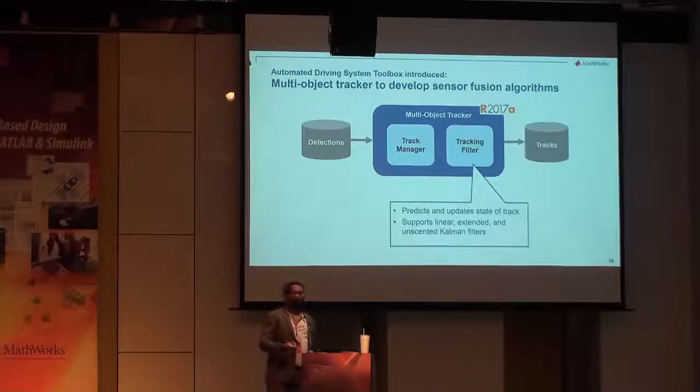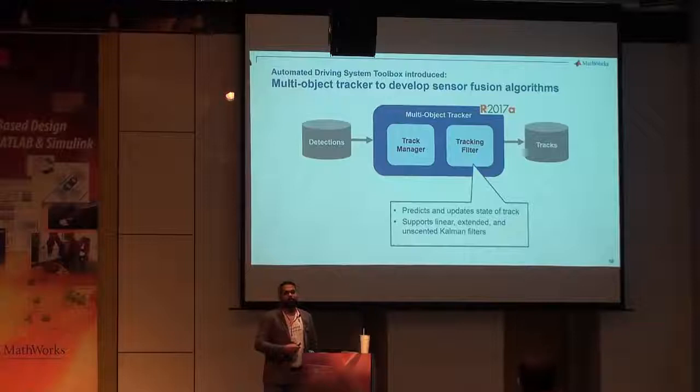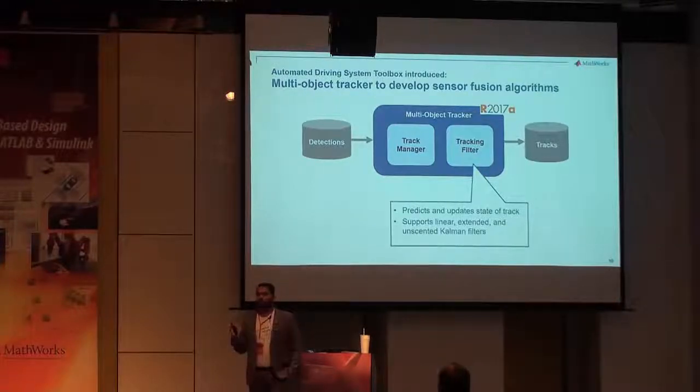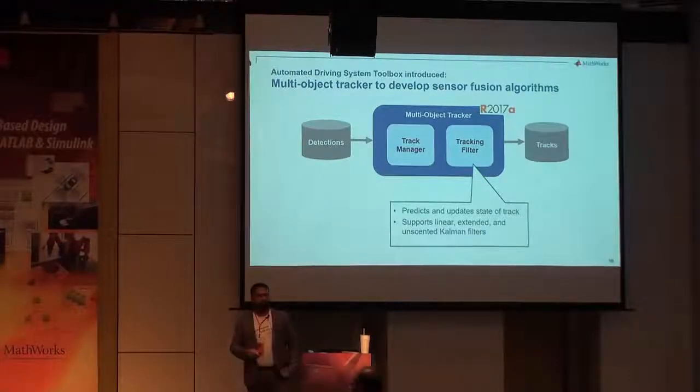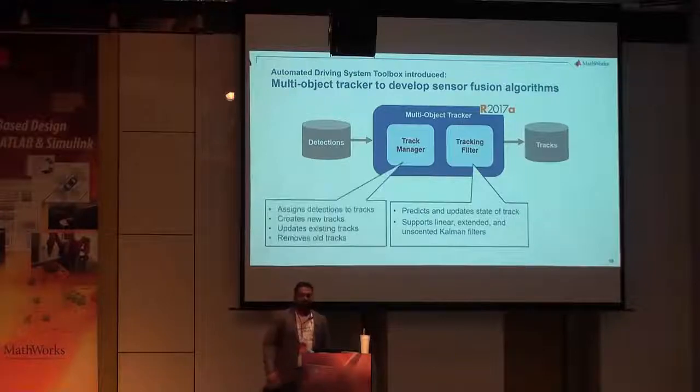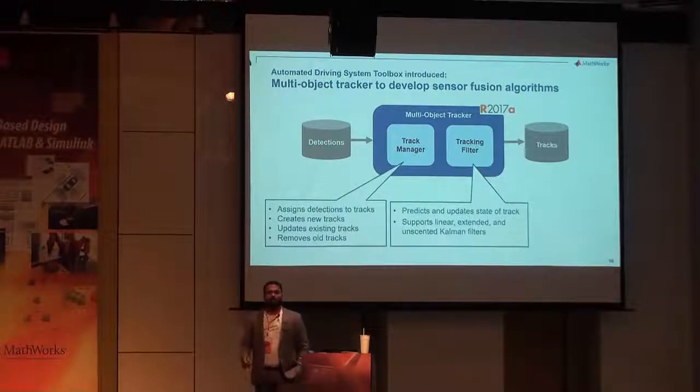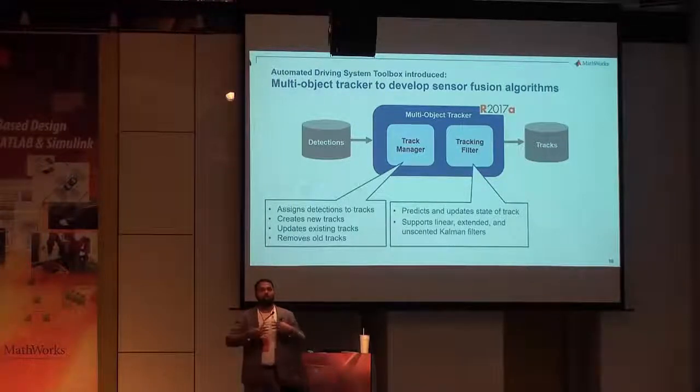When you have a tracker, you have multiple components. The tracking filter is doing the prediction and updates the position of the object that you are looking for. And the track manager is the component that keeps multiple objects separate, or decides whether they should merge, or decides whether they should be removed. So you have to have both components in order to have a complete tracking system.